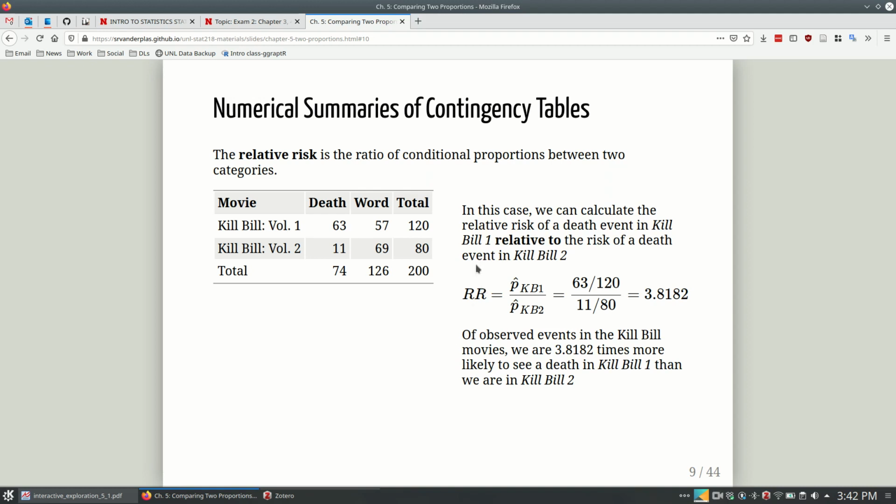To calculate the relative risk, you take the proportion from whatever row you're comparing, divide that by the proportion from the next row of interest. And you should get a number that can be anywhere between 0 and infinity, really.